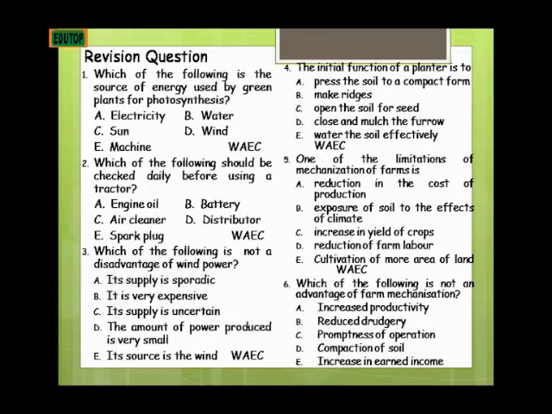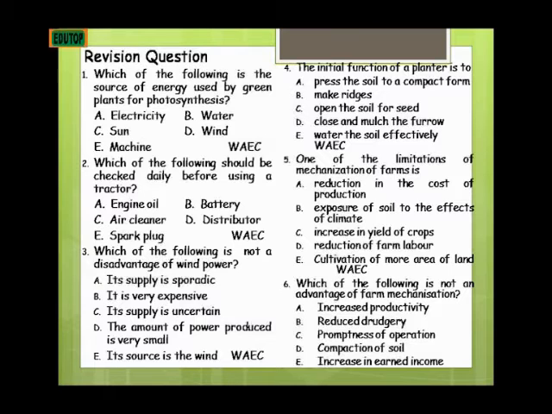D. Reduction of labor. E. Cultivation of more areas of land. One of the limitations of mechanization of farms is the following, except A, and the correct answer is B. Exposure of soil to the effects of climate.